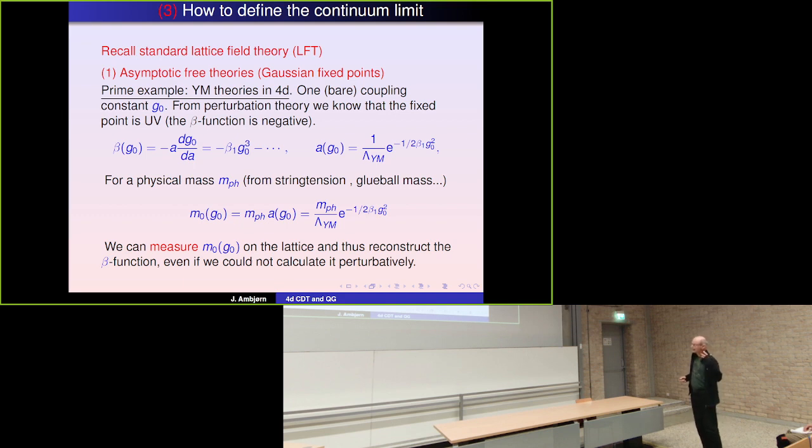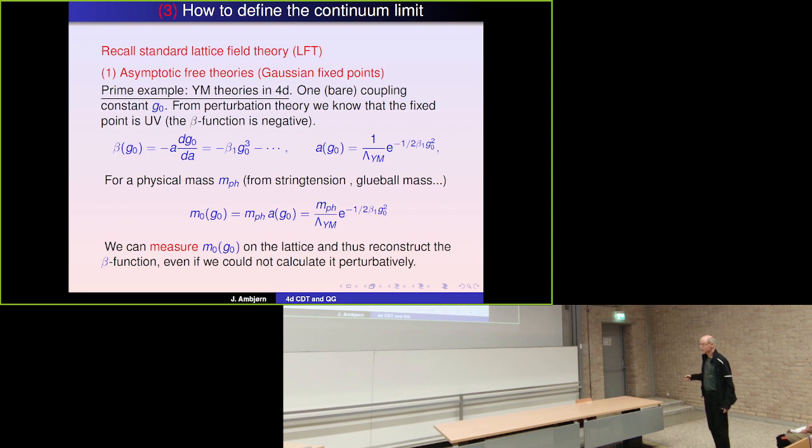And in actual lattice simulations, when one wants to address some physics, like measuring the string tension, the glueballs, or if you have a more complicated theory where we also include fermions, then the masses of pions and whatever, one just measures this dimensionless mass, which one has to, of course, define in the lattice context. This has to be equal to the physical mass times the cutoff, simply for dimensional reasons.